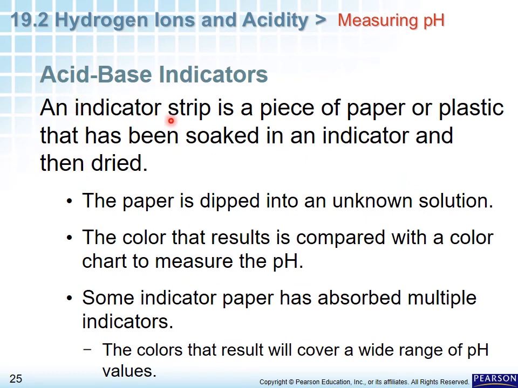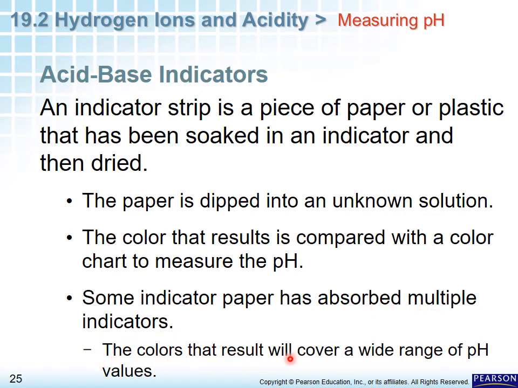So an indicator strip is a piece of paper or plastic that has been soaked in an indicator and then dried. The paper is dipped into an unknown solution. The color that results is compared with a color chart to measure the pH. Some indicator paper has absorbed multiple indicators.